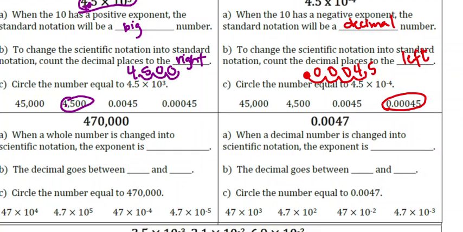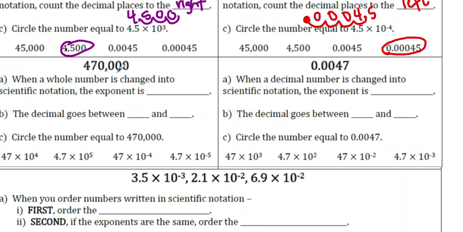Okay, now what happens if you have standard notation, which is what this is called? Okay, when a whole number is changed into scientific notation, the exponent is positive. Okay, and in this one, the decimal is going to go between the 4 and the 7, because remember, there can only be one number in front of the decimal point. So there's my one number in front of the decimal point. Okay, and now they want you to change this into scientific notation.